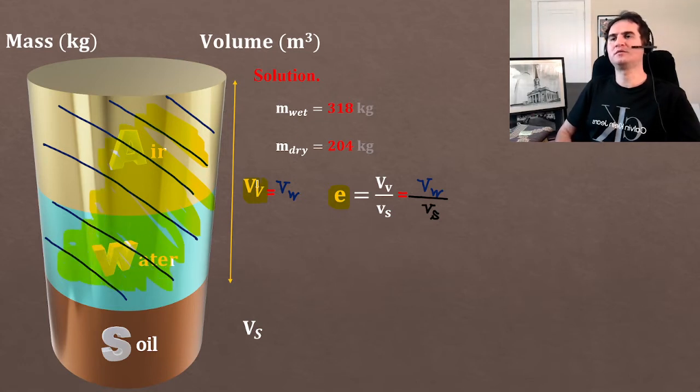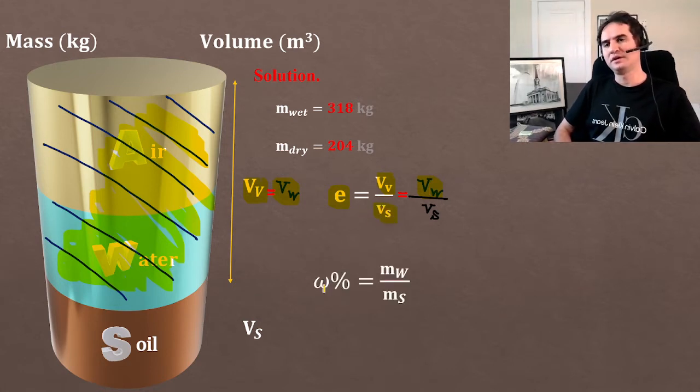So the volume of void in that situation is equal to the volume of water. The whole void is occupied with water in fully saturated condition. So that's the volume of water over the volume of soil.